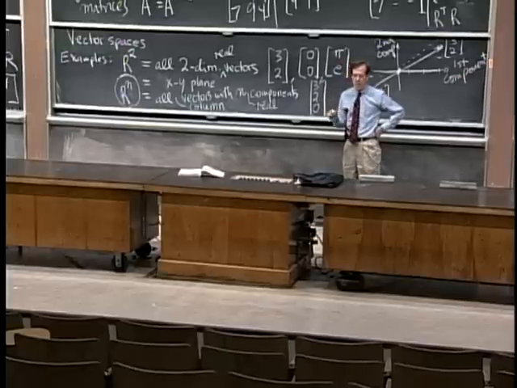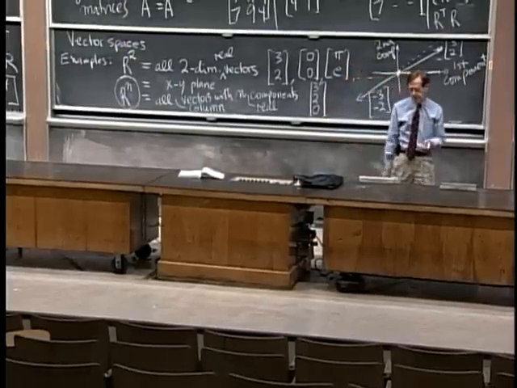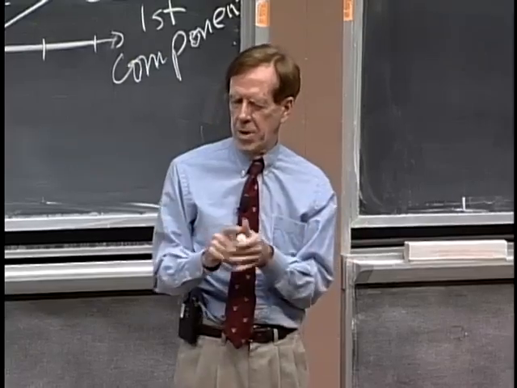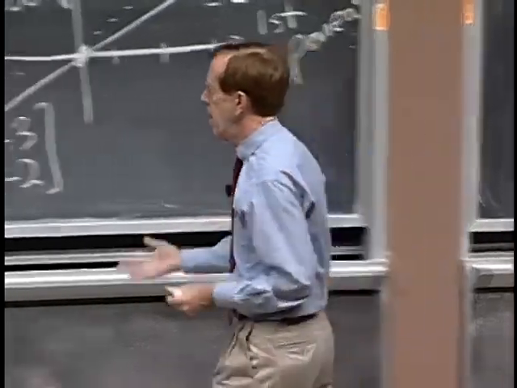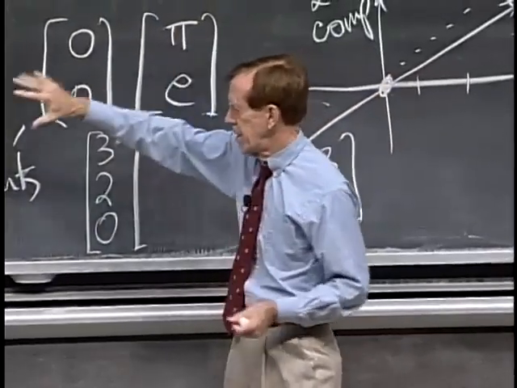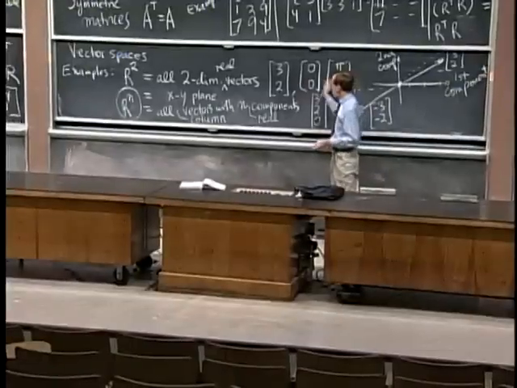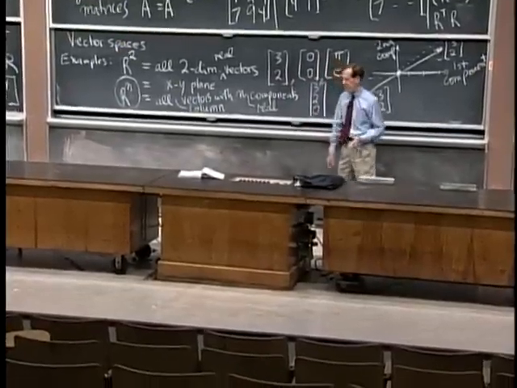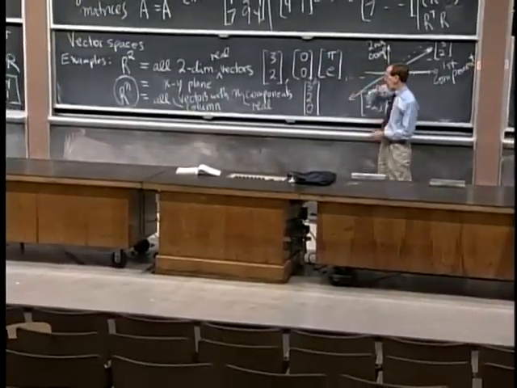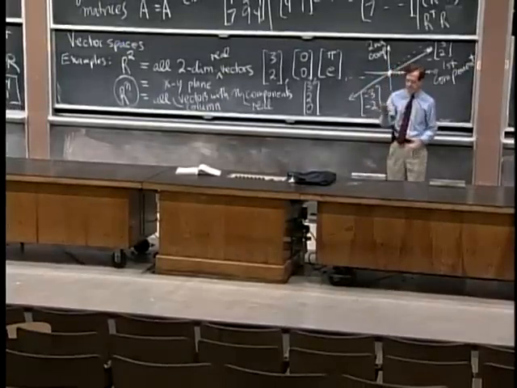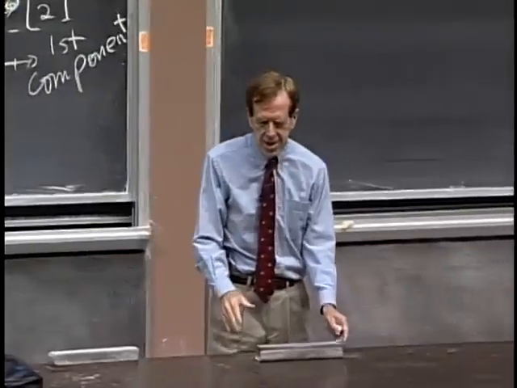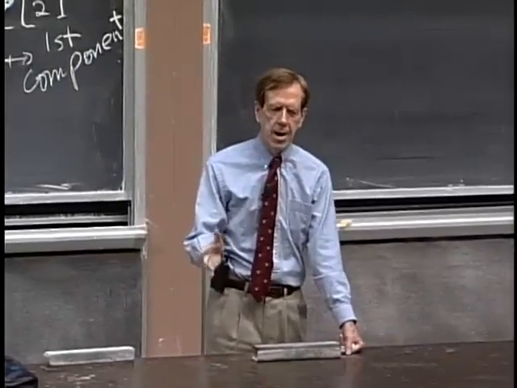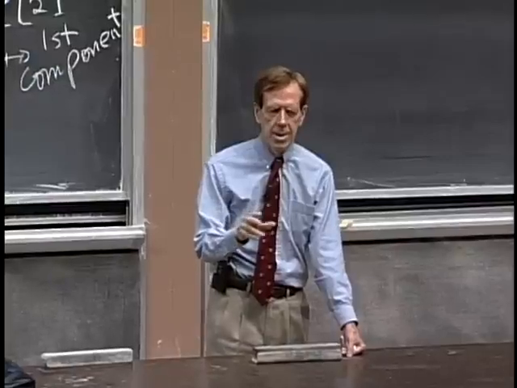Now, let's see. What do I have to tell you about vector spaces? I said the most important thing, which is that we can add any 2 of these and we're still in R2. We can multiply by any number and we're still in R2. We can take any combination and we're still in R2. And same goes for Rn. Honesty requires me to mention that these operations of adding and multiplying have to obey a few rules.